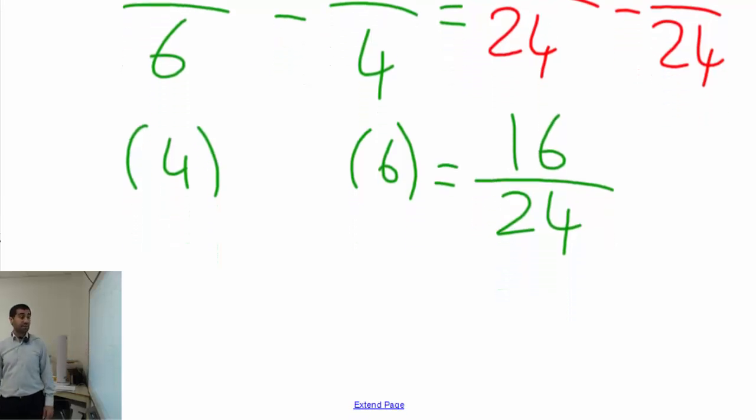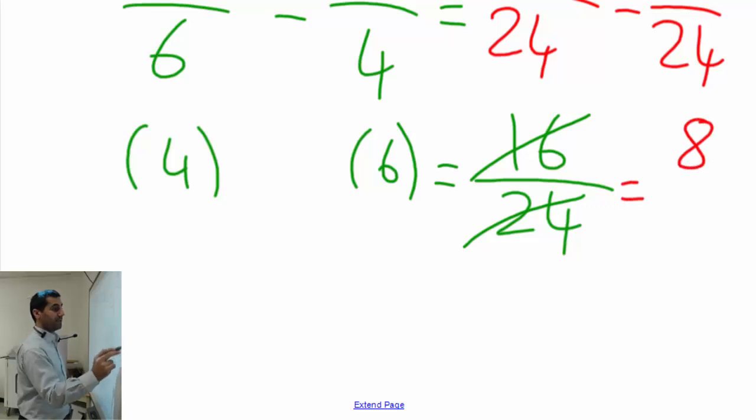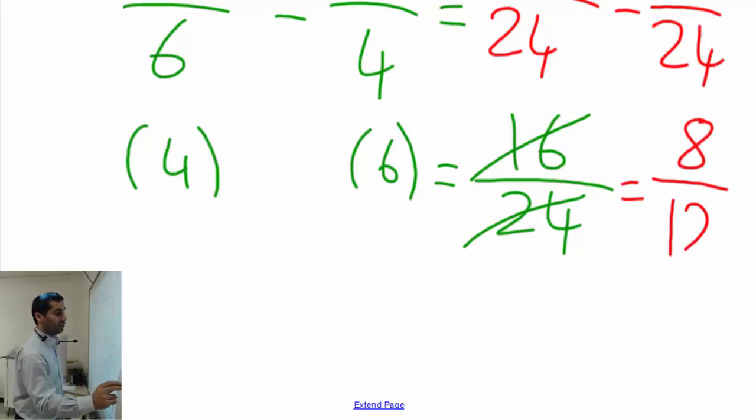So what number can I divide both of them with? 2. I can divide this by 2. I can divide that by 2. So what number will I get? That will give me 8 divided by 12. And I see that that's not the lowest term either. I can still divide both of them by 2. So let's go ahead and do that.